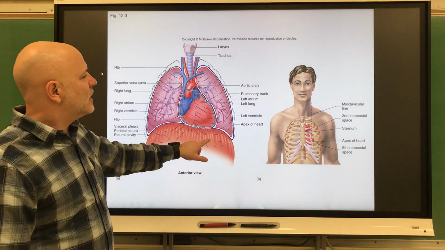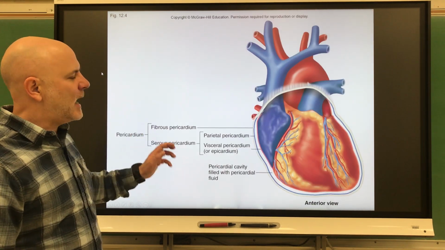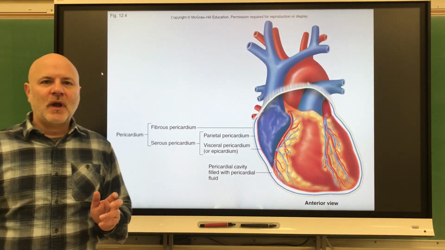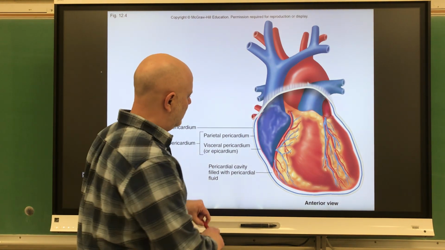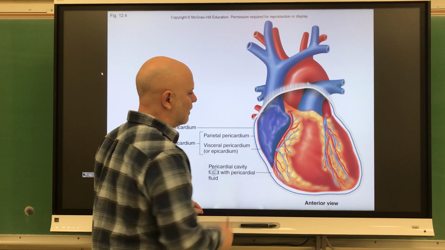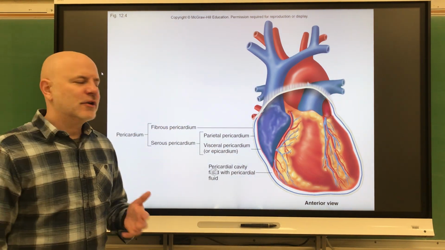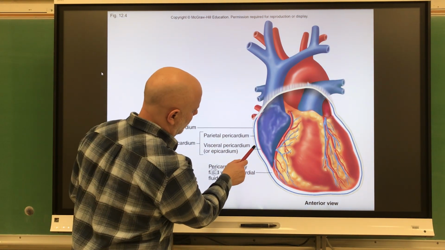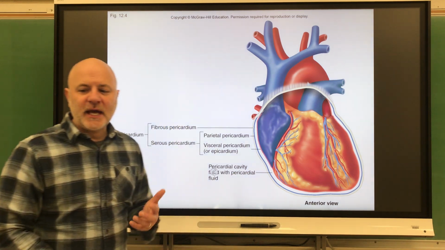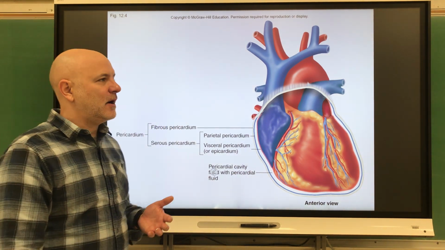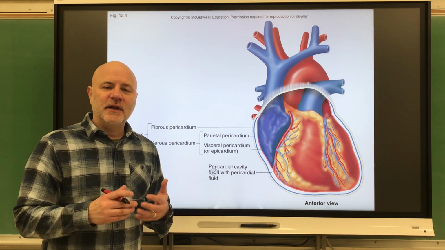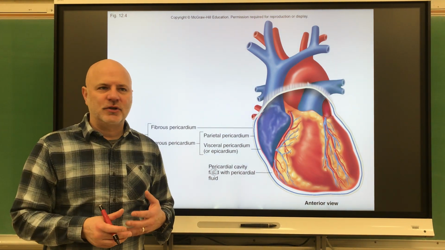All right, so if we continue on here, now let's take a look at the pericardium, which is the covering of the heart. And you can see that there's many layers here of that pericardium. So the first, shown here in this kind of whitish layer right there, that is known as the fibrous pericardium. And so this is a loose-fitting sac around the heart that is made of fibrous connective tissue.